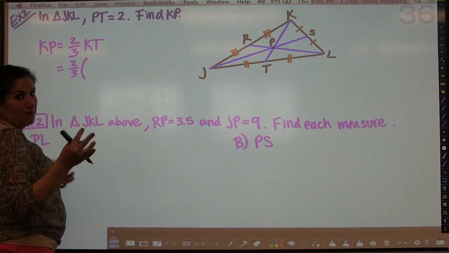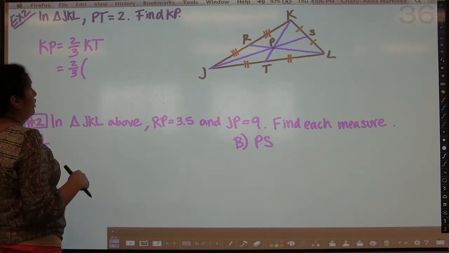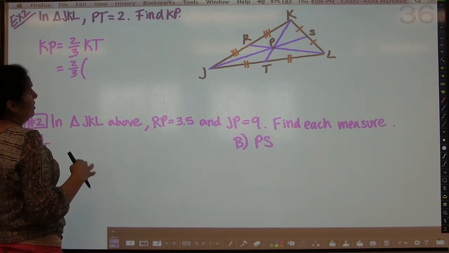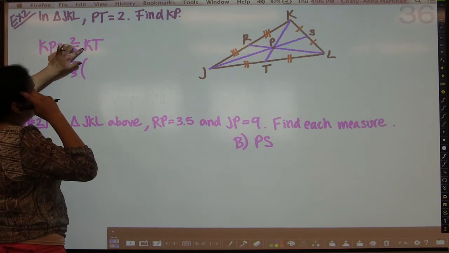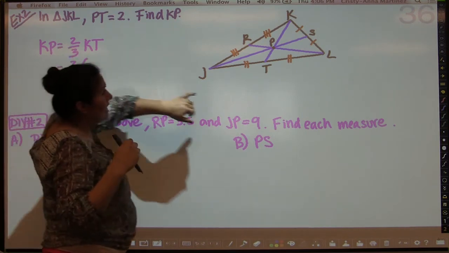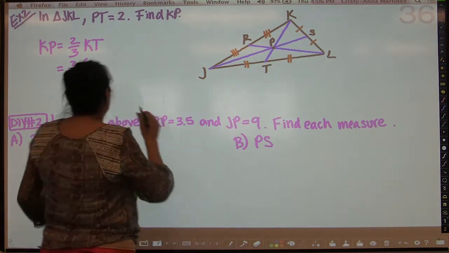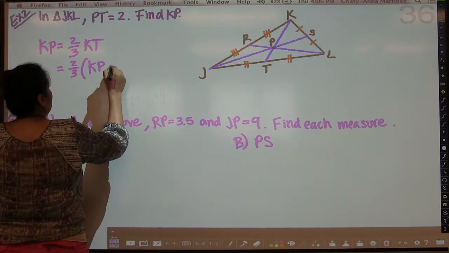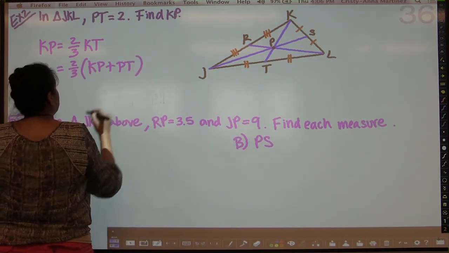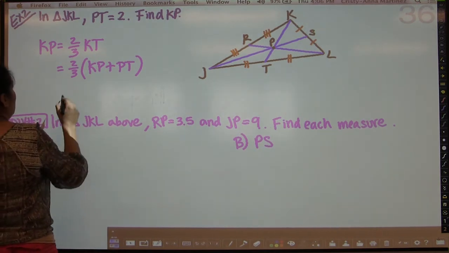Again, some of you might have already been able to do this in your head, but I want to show you how you can do it with some algebra in case you can't. So KT is basically made up of these two pieces, KP plus PT.